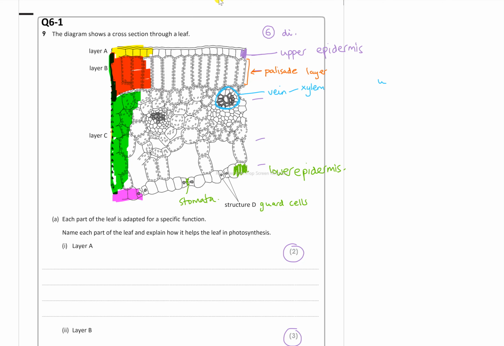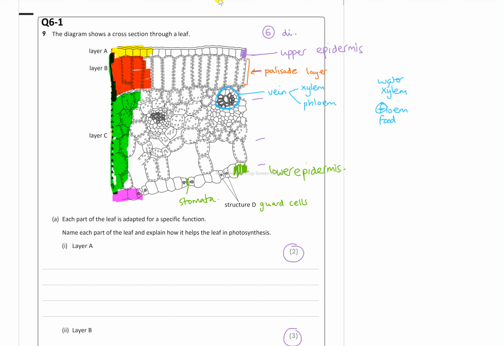So I remember it as WX. So water is for xylem, and it contains also the phloem. Phloem, this is how I remember it, F for food, although it's spelled with a PH.